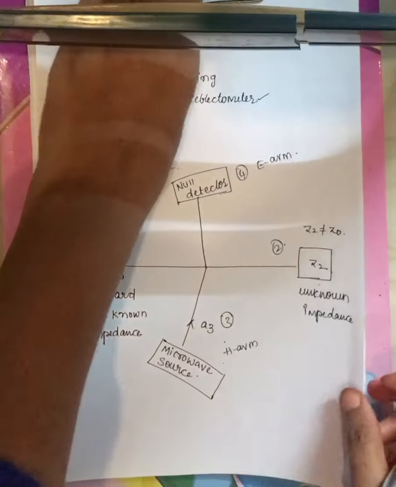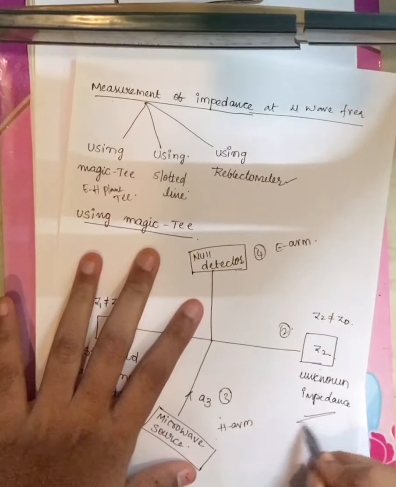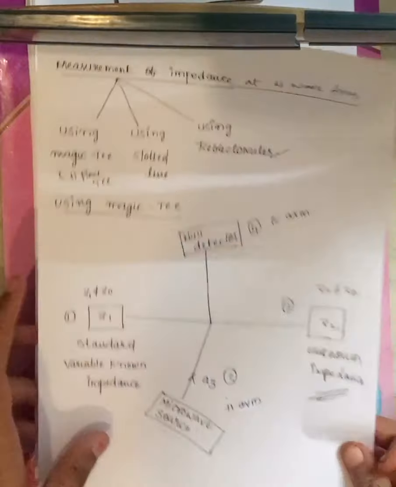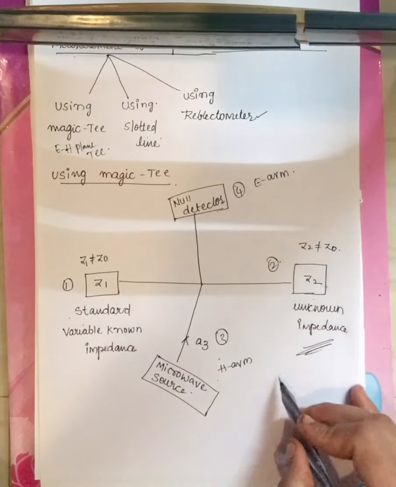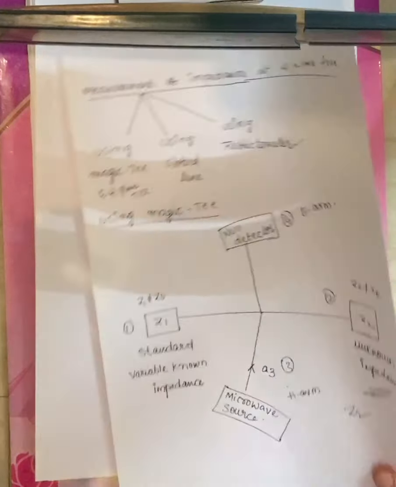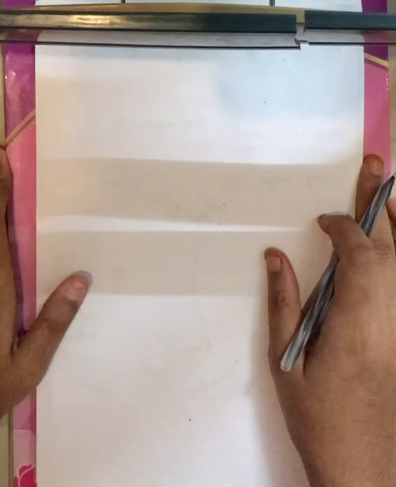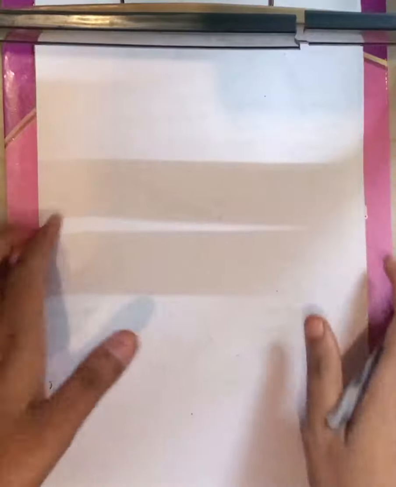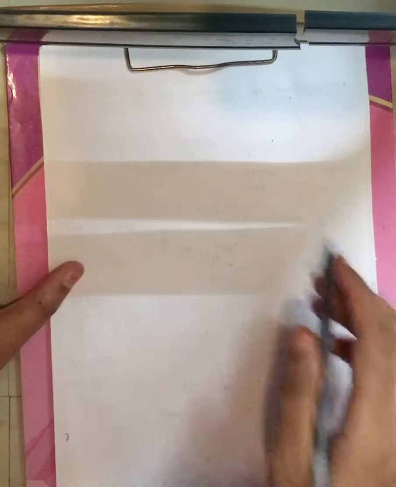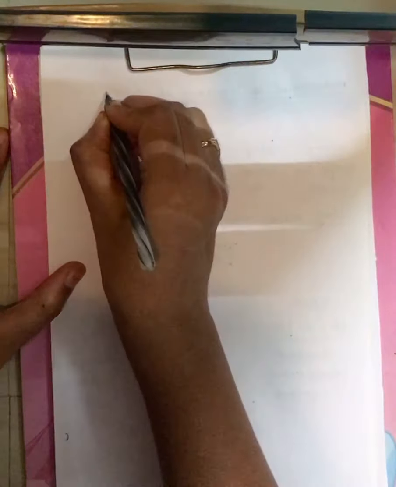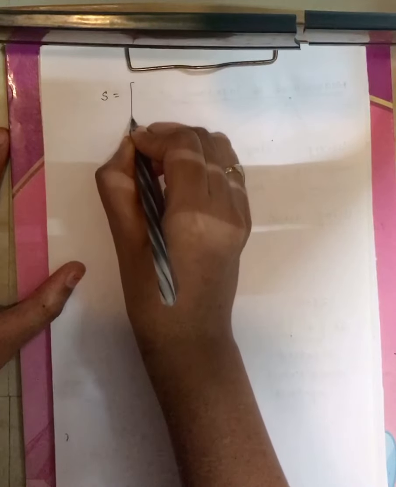Now using this structure, let us define the value of the unknown impedance Z2, right? But before that, we derived the scattering matrix for the magic T in the previous lecture. What is the scattering matrix of the magic T?